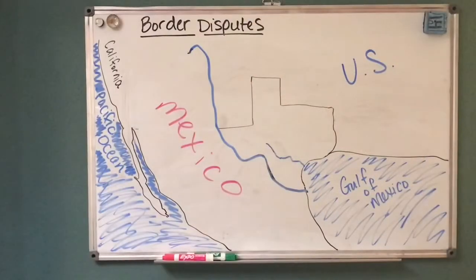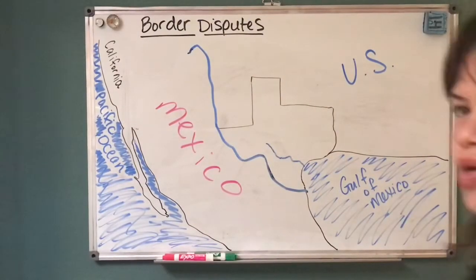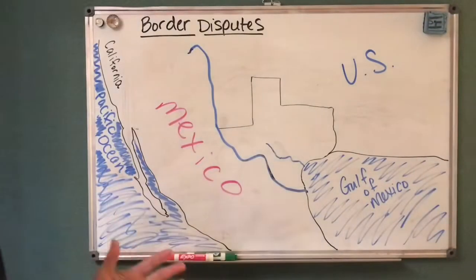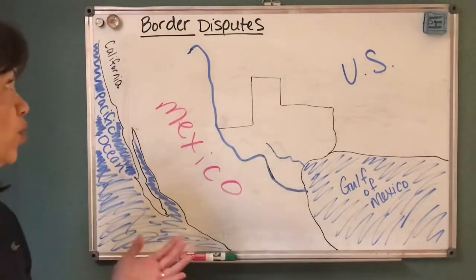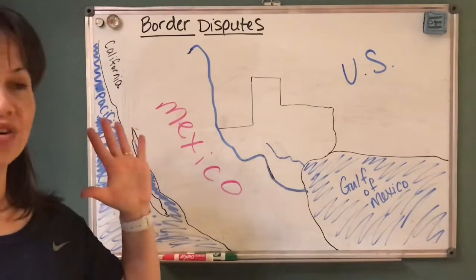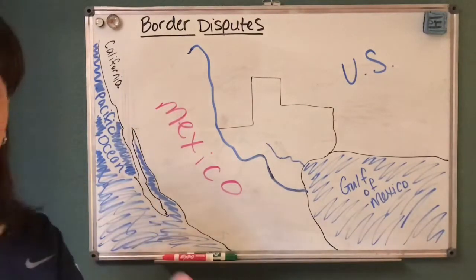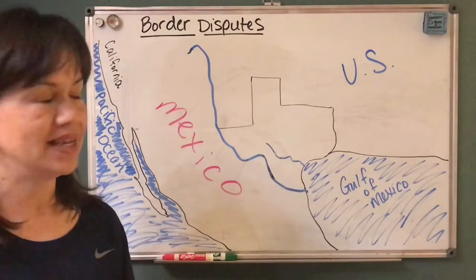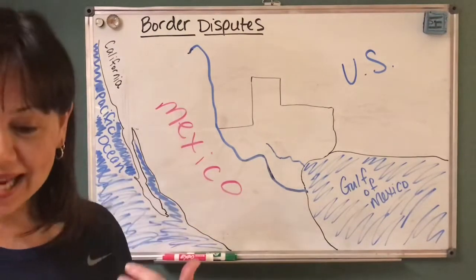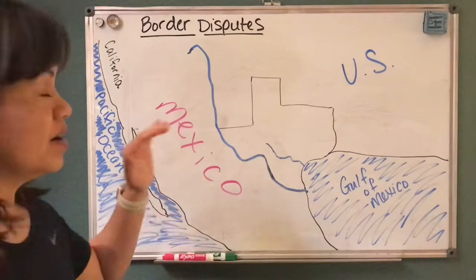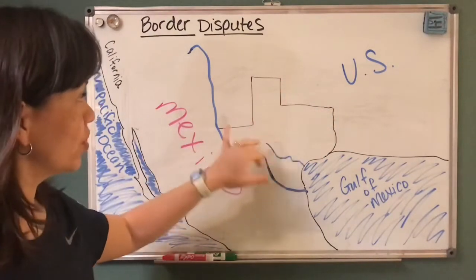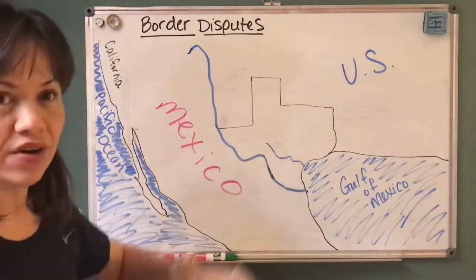Okay, another reason why manifest destiny and Texas annexation led to the Mexican-American War is because there were disputes over where the border between Texas and Mexico actually was. The United States claimed that Texas's westernmost border was at the Rio Grande.